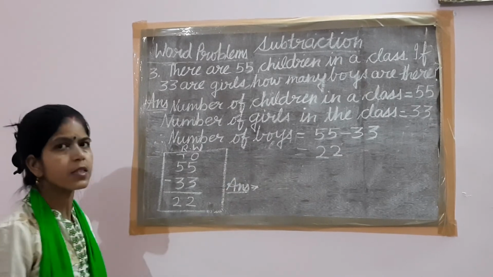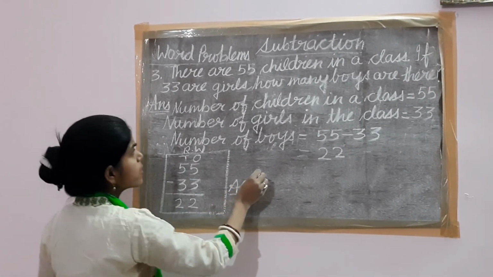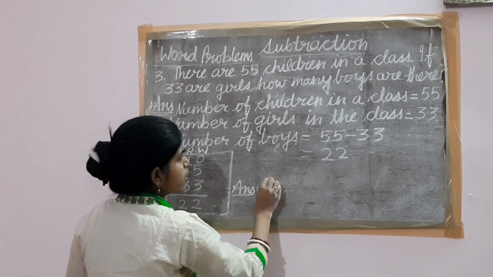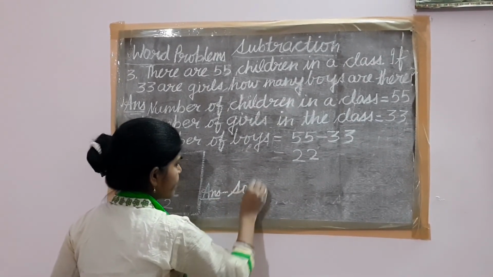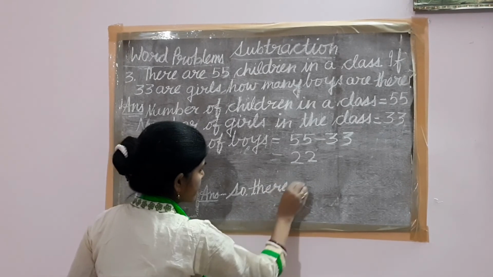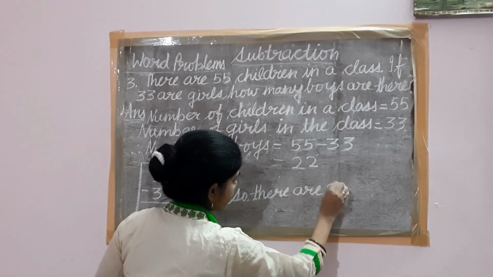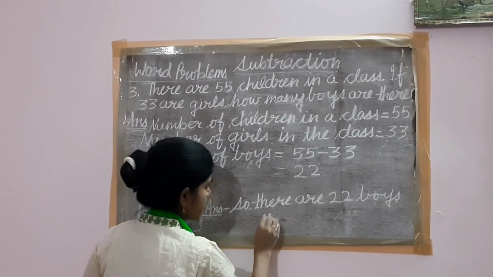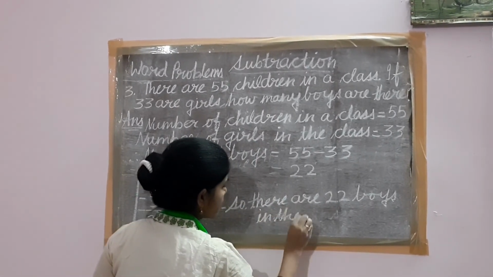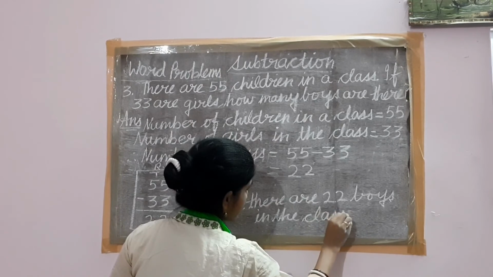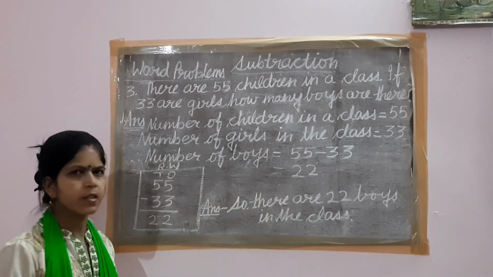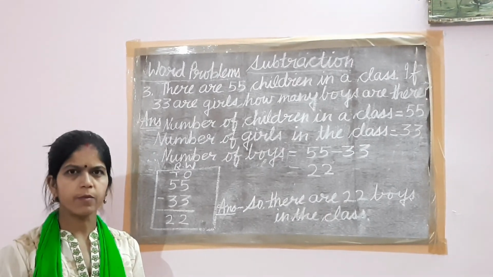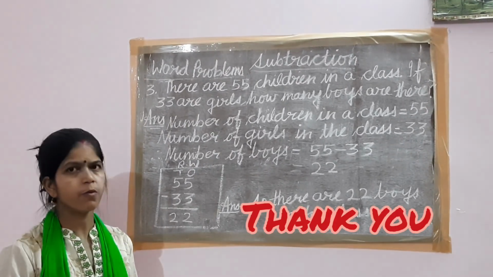That answer in statement form. How many boys are there? So, there are 22 boys in the class. Now children, I explained 3 word problems. So I hope you have understood how to solve word problems.